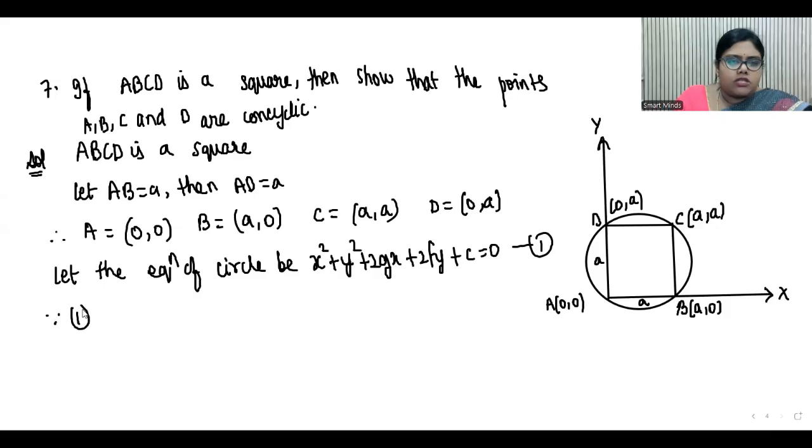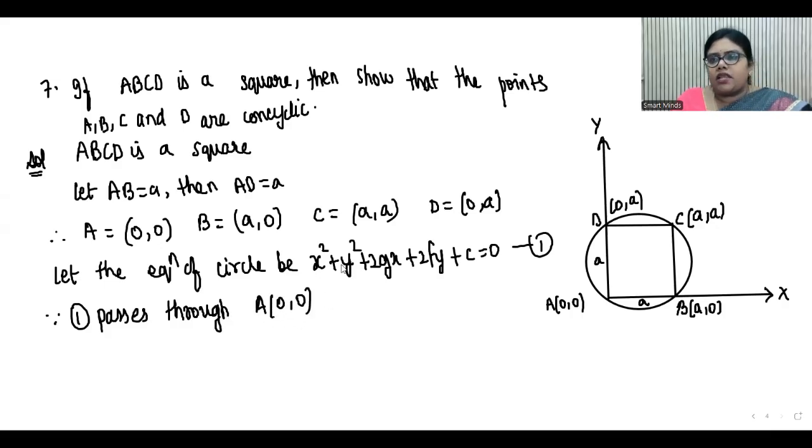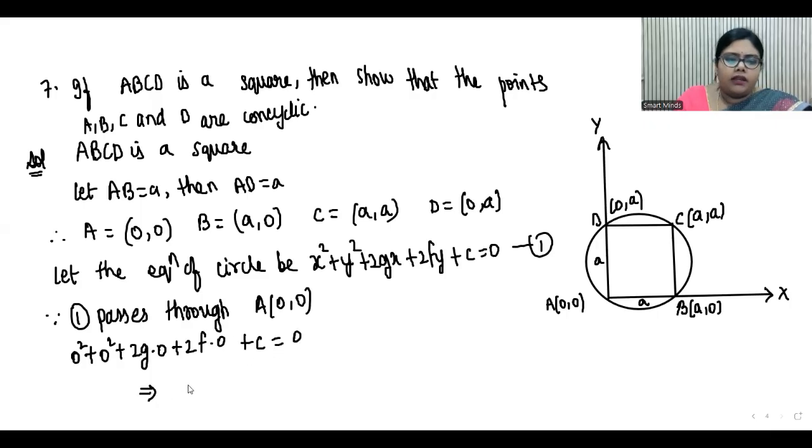Now since equation number 1 passes through a point, what is a point? (0, 0). Now in the place of x and y we can put 0. So 0 square plus 0 square plus 2g into 0 plus 2f into 0 plus c equals 0. So you get c equals 0.